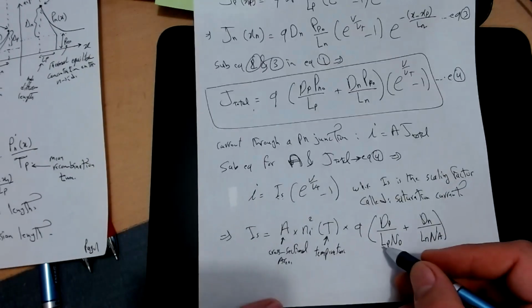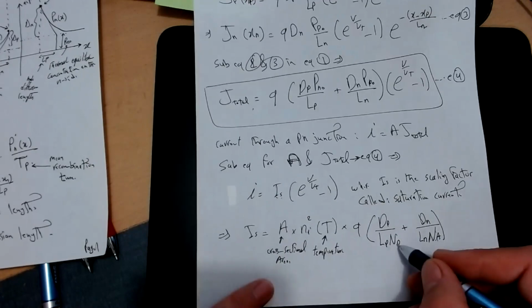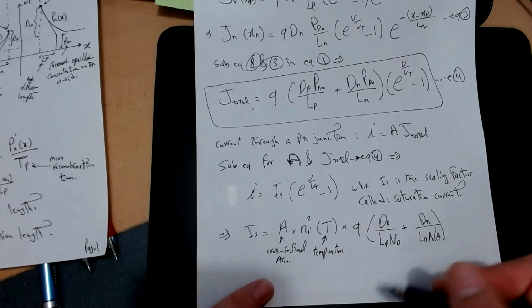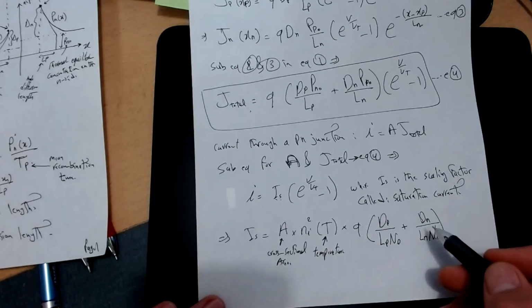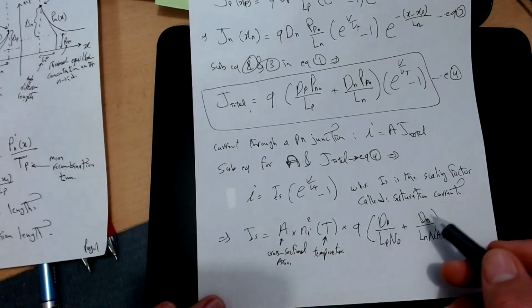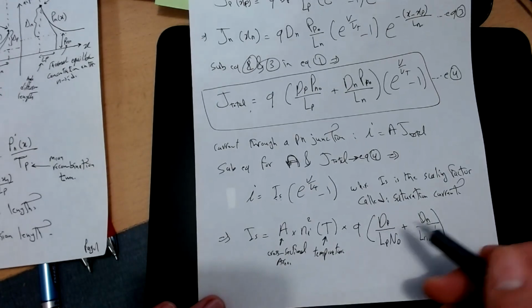Those are the diffusion lengths, and those are the doping densities on the N side and P side. And the Dn and Dp are the diffusivities on the N side and the P side.